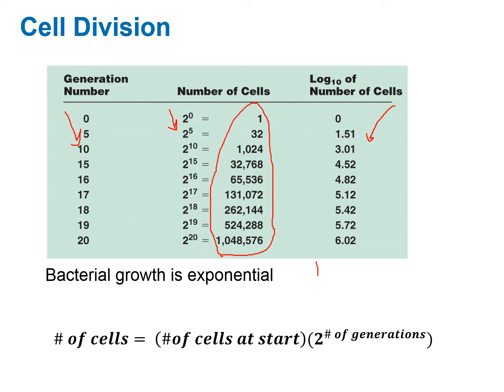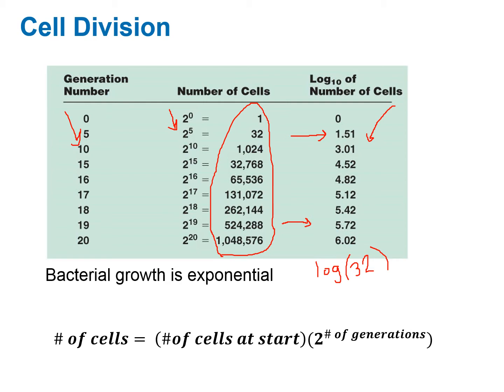So we would say take the log of 32, for example. If you put that in your calculator, you should get 1.51. If you put the log of 524,288 in your calculator, you should get 5.72. So that's kind of how that works.